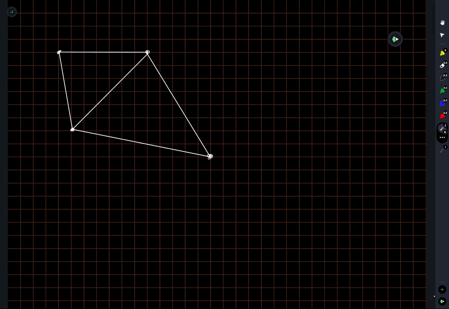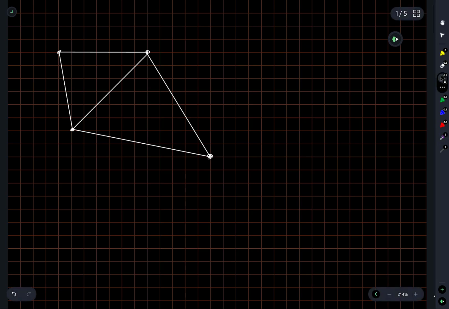Now I know that if I'm allowed to move this point around like this, then the location which minimizes the perimeter is the one which lies on the perpendicular bisector of this line segment. So it'll end up being this point here. And the same thing is true of this point. It has to lie on the perpendicular bisector.